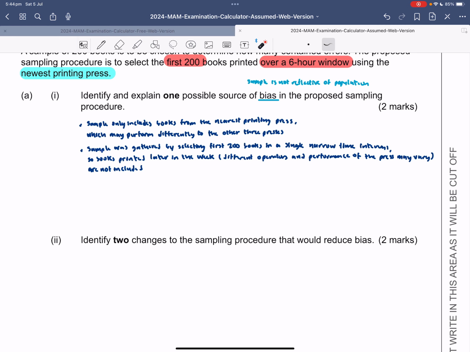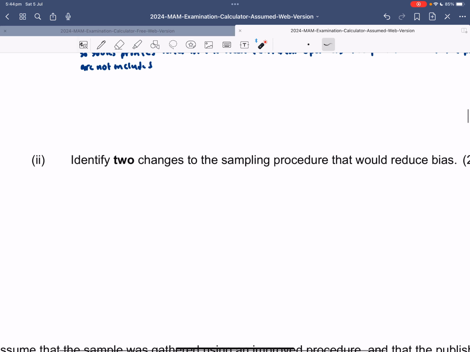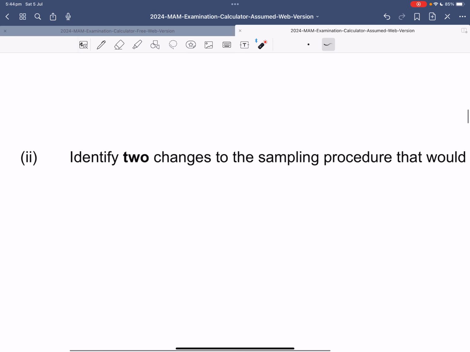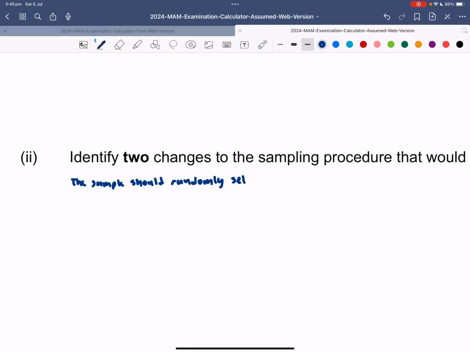Identify two changes to the sampling procedure that would reduce the bias. Well, we addressed the two things. So first of all, the sample should randomly select books from books printed throughout the week, at any time during the week.